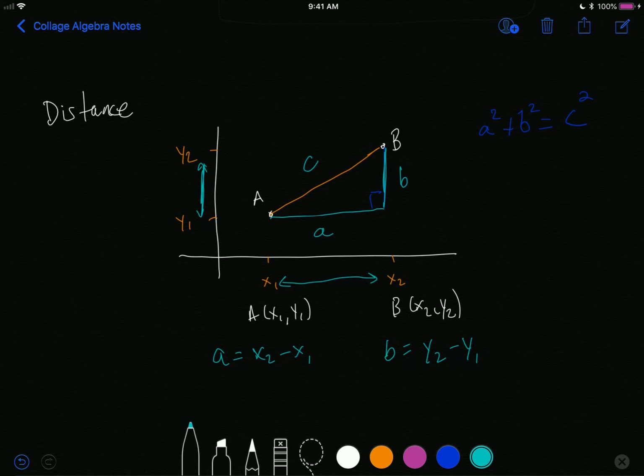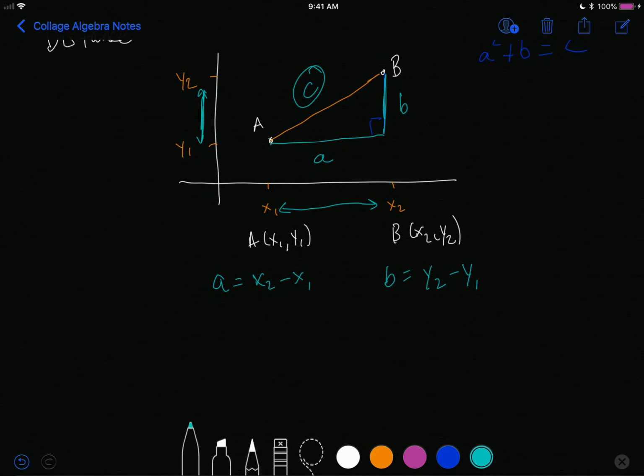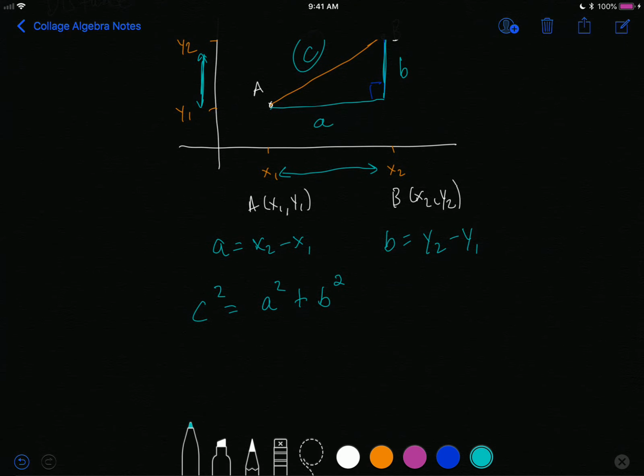Now, the length C can be given as c squared equals a squared plus b squared. And so therefore, c squared equals (x2 minus x1) squared plus (y2 minus y1) squared.